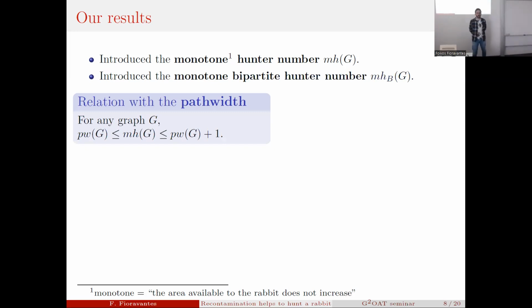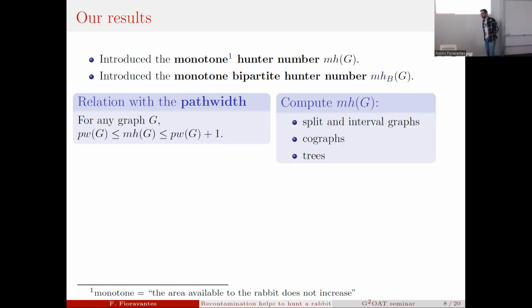We proved a relation between the monotone hunter number and the path width. In particular, we showed that the monotone hunter number is between the path width and path width plus 1. Our contribution here is the left side; the right-hand side of the inequality was already known. And we computed the monotone hunter numbers for split interval graphs, cographs, and trees.